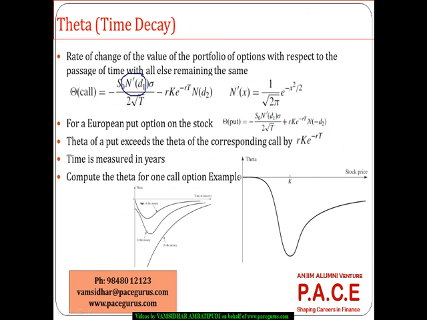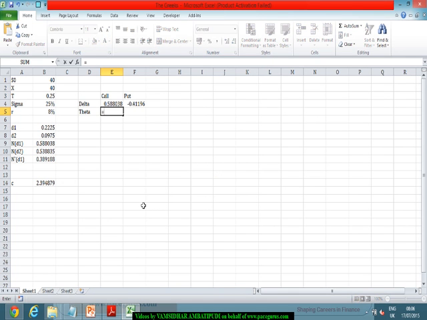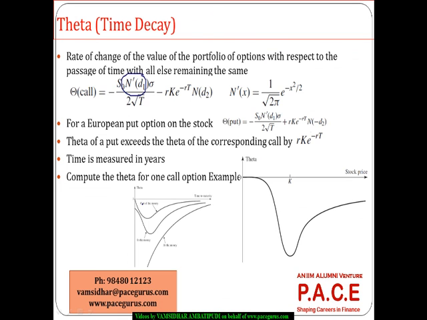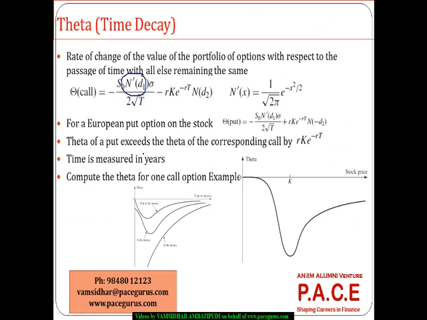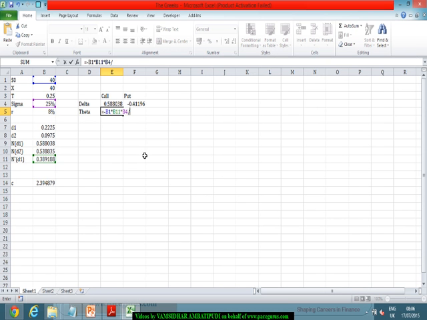So from here I can find out the theta for the call option, which is minus S naught times N dash D1 times sigma divided by 2 into square root of T, that's the first term.